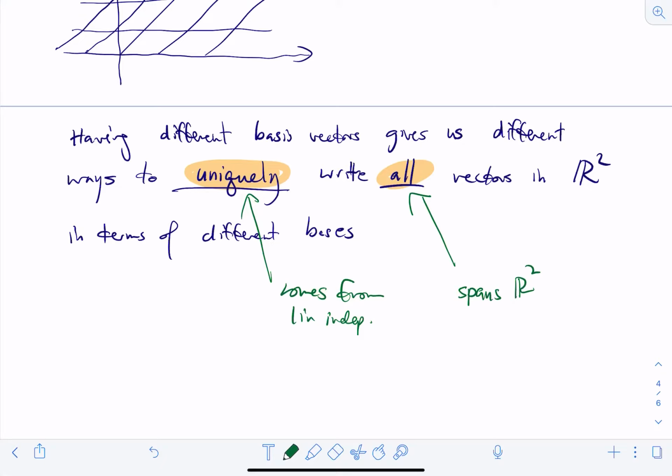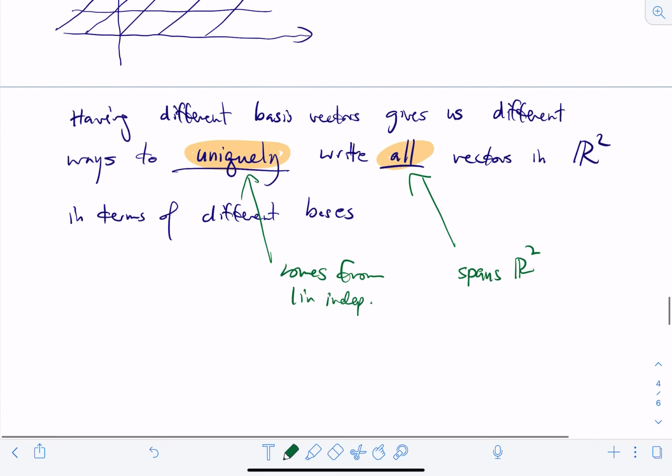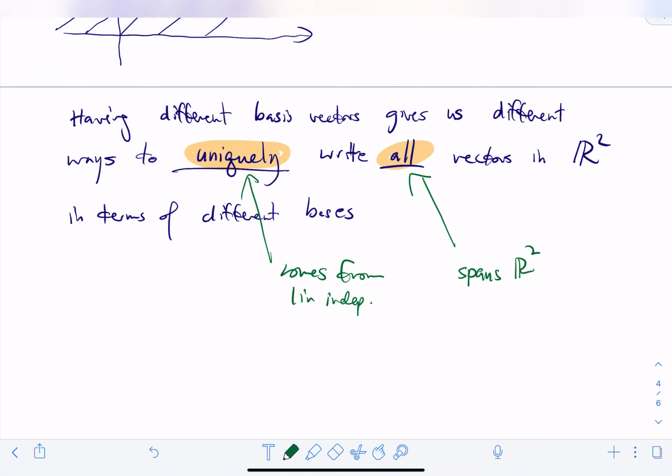So since we know that the basis spans all of R2, we can write every vector as a linear combination of vectors from our basis. And since we know that we have linear independence, that will enable us to write these vectors uniquely. Okay. So this is probably a good place to stop, and I'll pick this up later elsewhere.